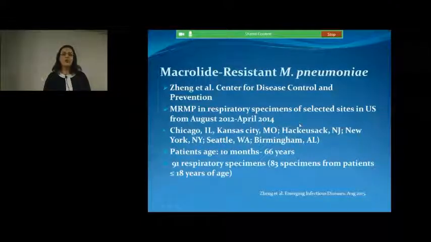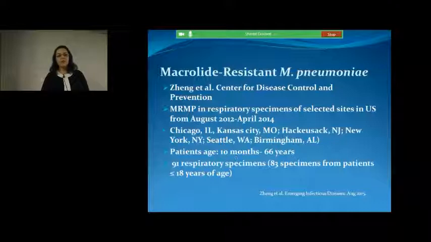The study covered a broad geographic area of the U.S.: Illinois, Minnesota, New Jersey, New York, Washington, and Alabama. The patients' ages ranged from 10 months to 66 years. They collected 91 respiratory specimens. 83 specimens were from patients younger than 18 years of age, so pediatric patients.